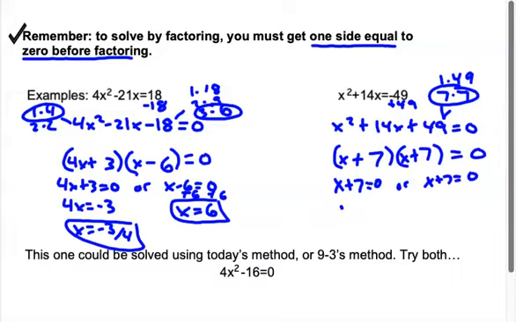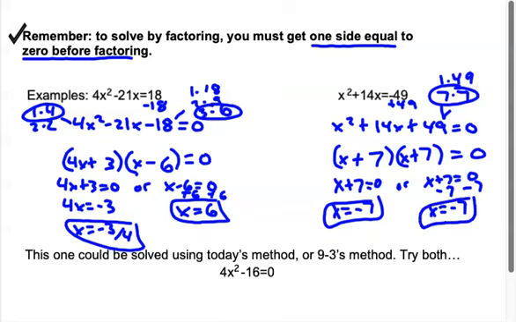Those are exactly the same thing. Oops, I messed that up though. I need to subtract 7 from both sides. So x equals negative 7, and x equals negative 7 again over here. So this is one of those that just has one solution. Looking at the graph of it, it would just be resting right there on the x-axis.